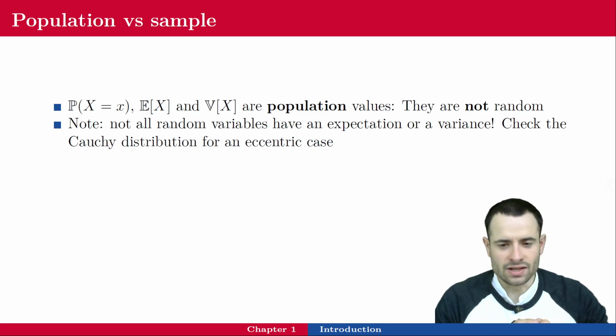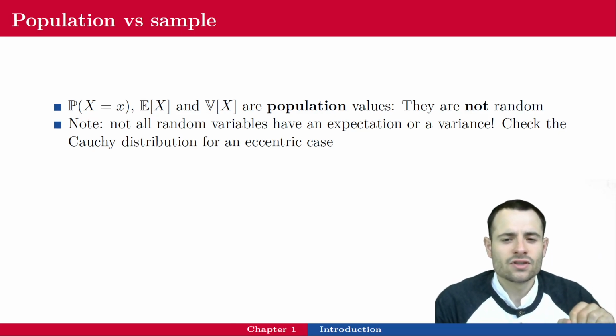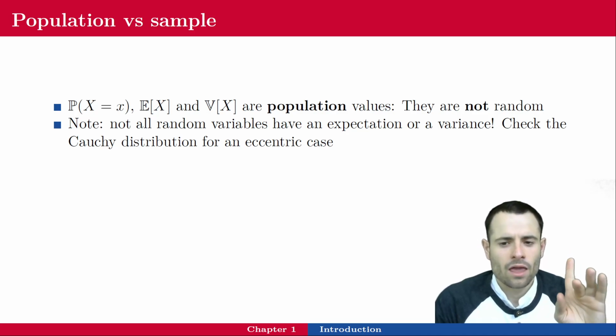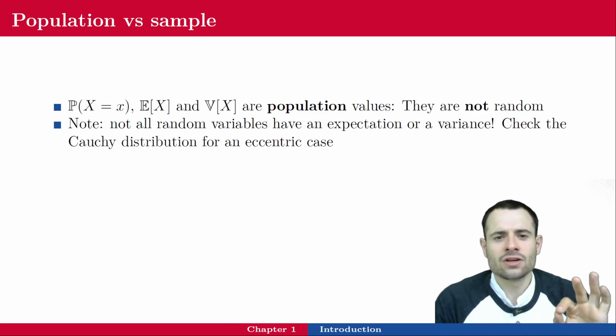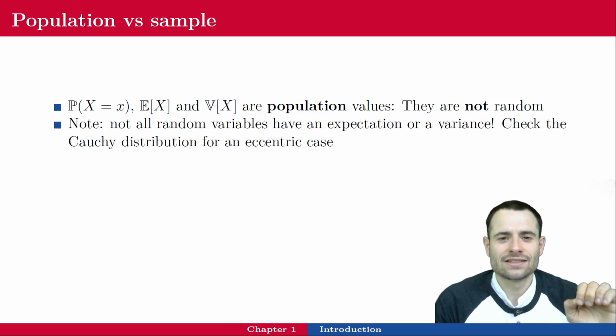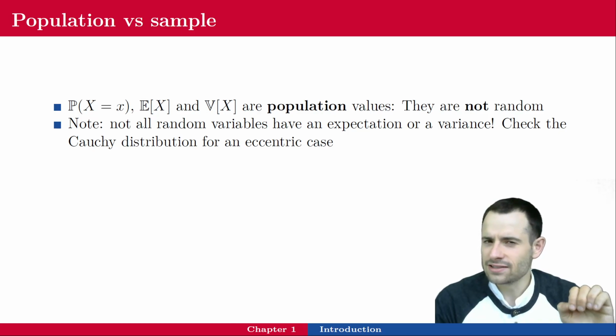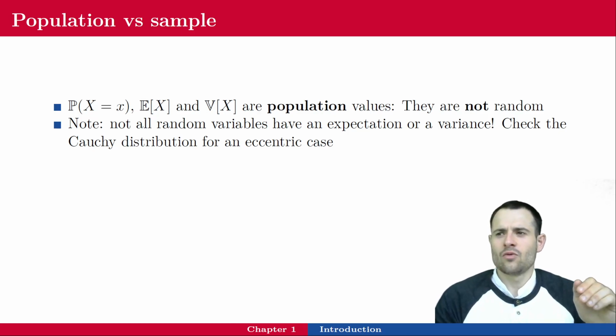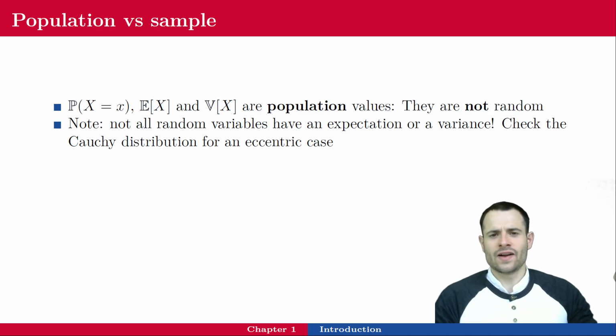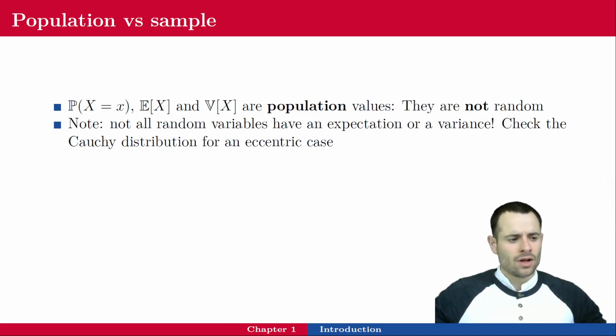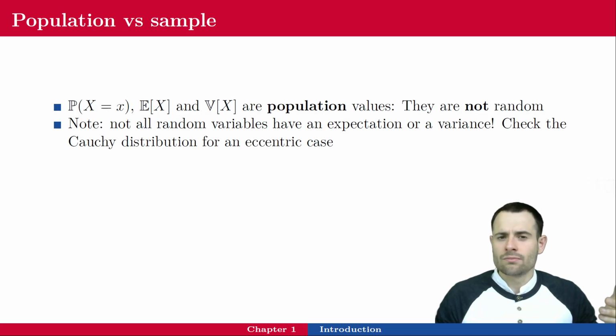I also wanted to say this, just a piece of trivia for you, but some random variables do not have an expectation nor a variance. When I say they do not have an expectation, I mean that it's not that the expectation is 0, it's that the expectation does not exist. It's kind of strange, right? You're thinking, well, in real life, I observe this value, and this value, minimum and maximum, so the average should be something in between.